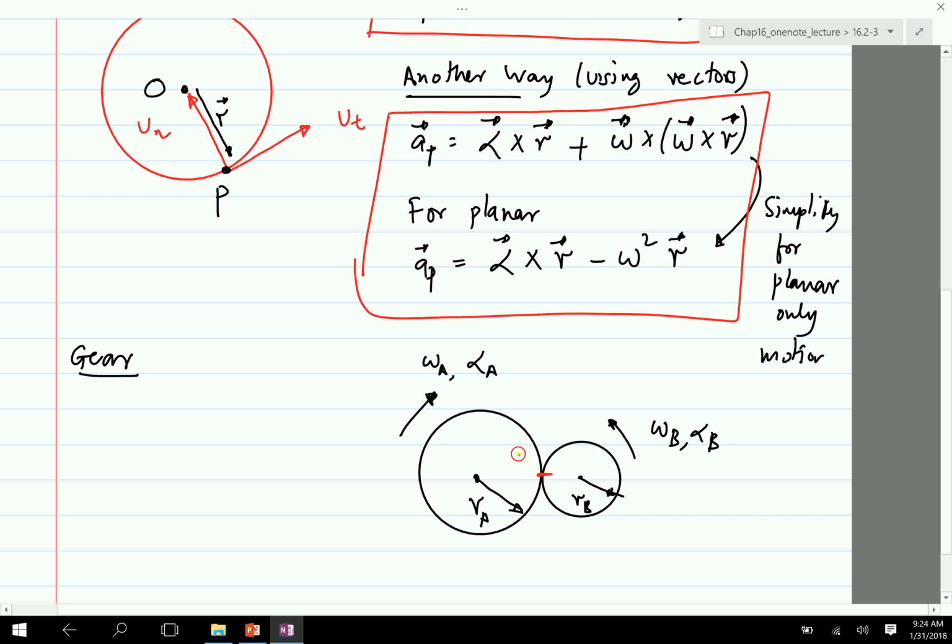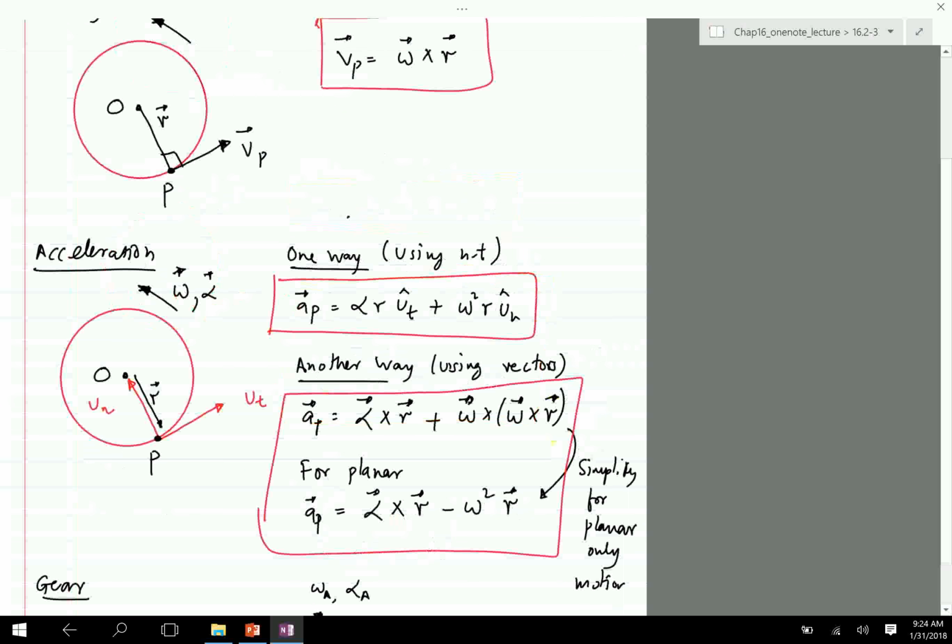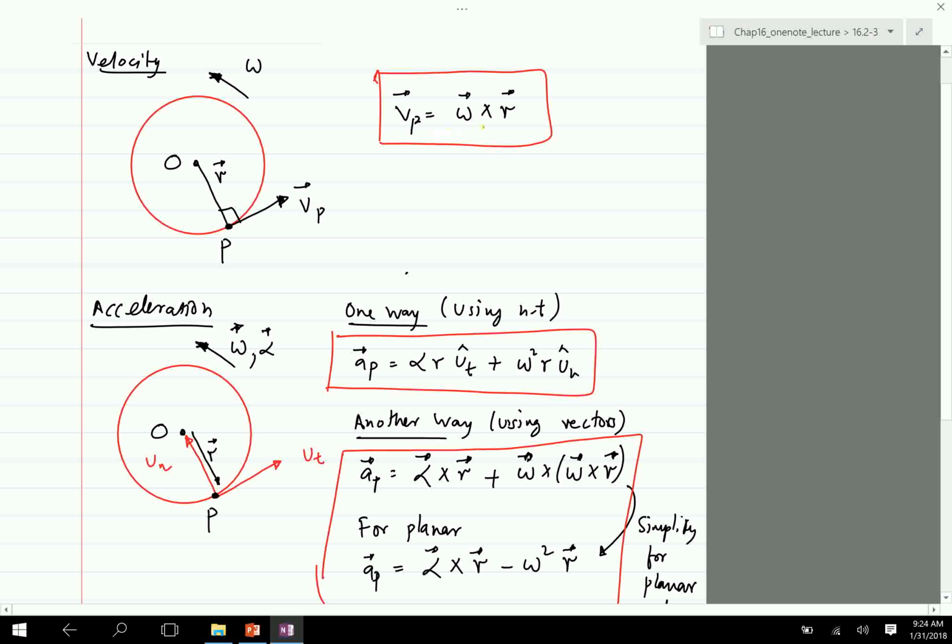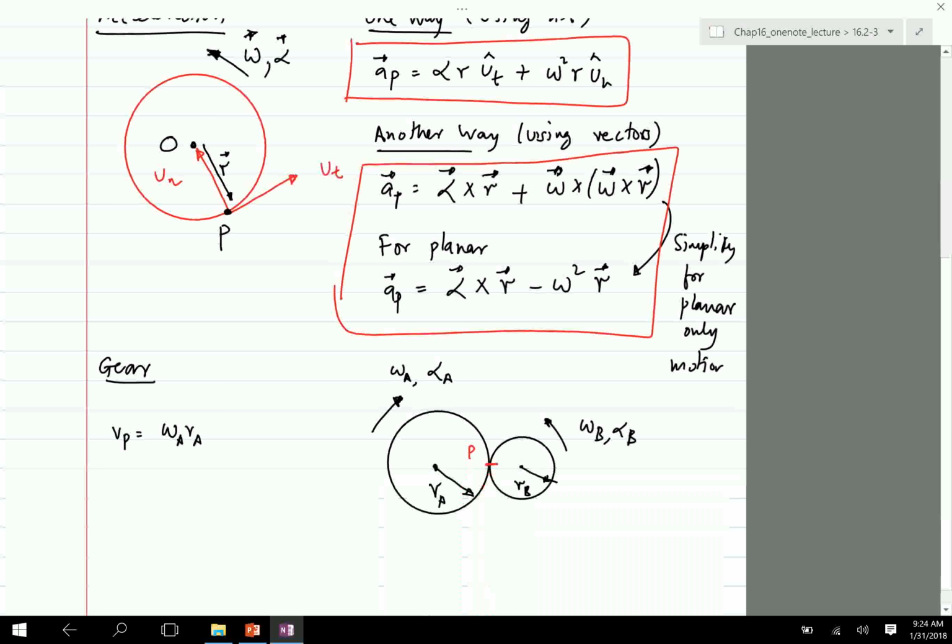And that's using this property that the velocity of point P can be computed in two ways. You could compute it as omega A RA. Okay, how did I get that? Well, I use this formula here, V is omega cross R, to find the velocity of point P. But that is the same as omega B RB.